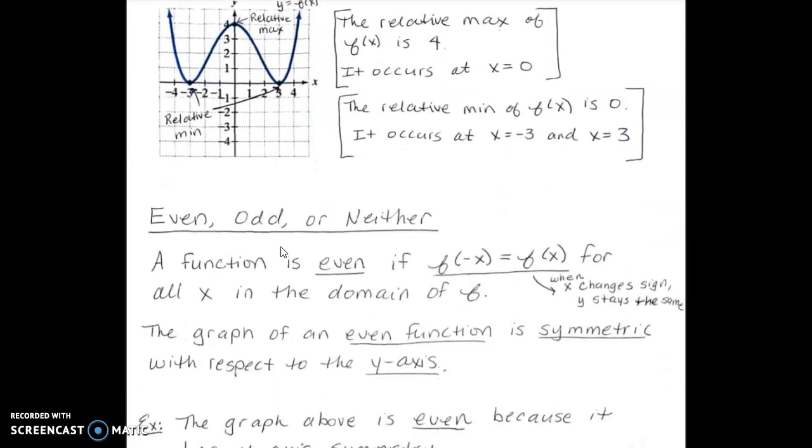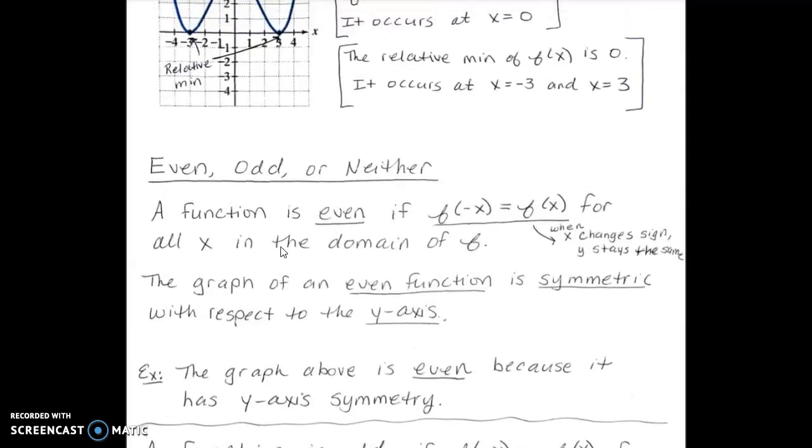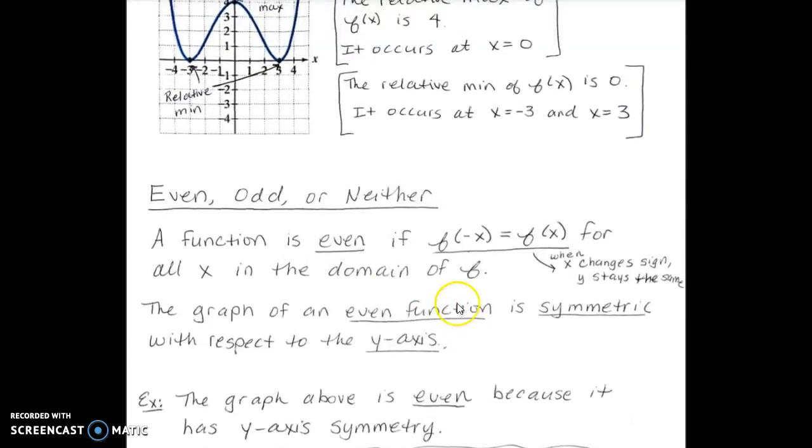All right, our next topic here is deciding whether a function is even, odd, or neither. And this has to do with, there's a definition that we'll talk about, but it's a lot easier to identify it just by looking for a certain type of symmetry. So we say a function is even if f of negative x is equal to f of x.